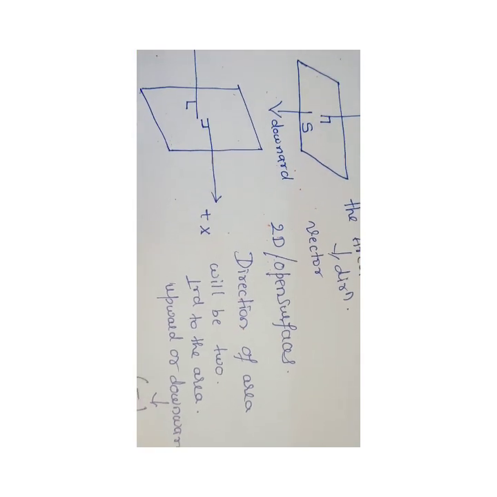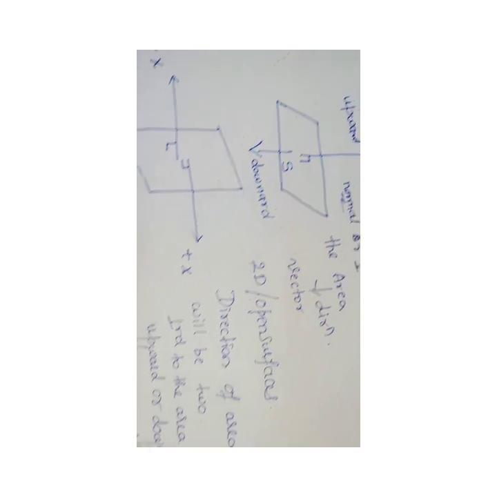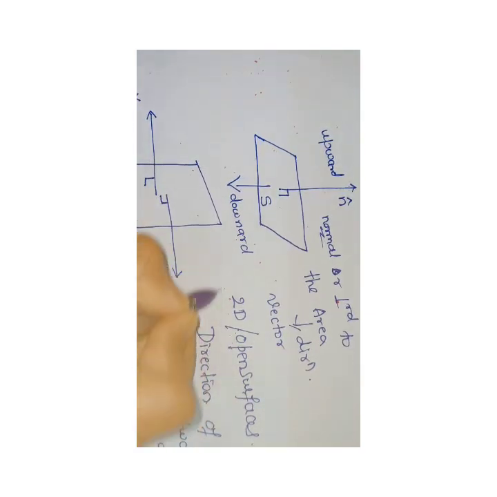Or else if you are taking upward direction, then you have to consider it as a positive direction. So for open surfaces, the direction of area will be either upward or downward, or inward or outward, you can say. Upward means you consider it a positive direction, downward means you consider it a negative direction. So this is for 2D surfaces.